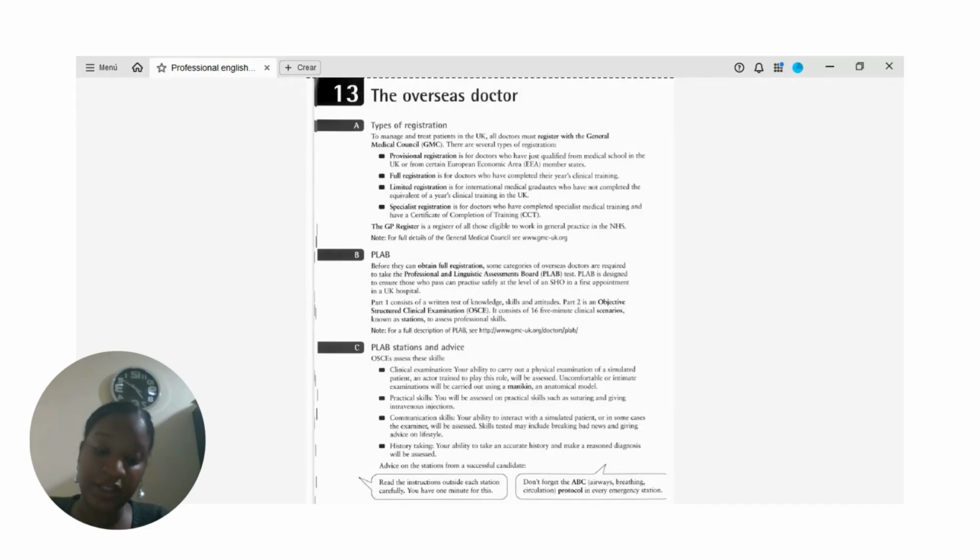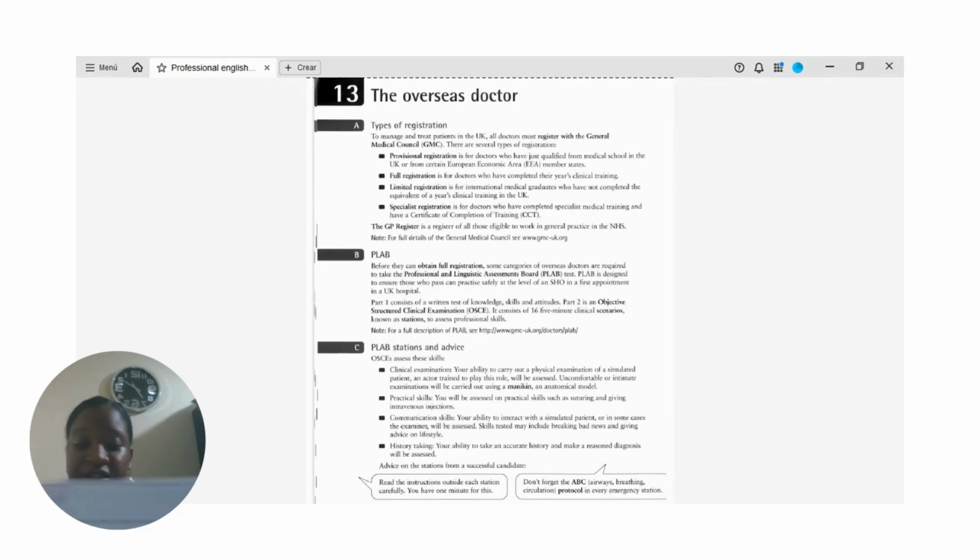Communication skills. Your ability to interact with a simulated patient, or in some cases the examiner, will be assessed. Skill tests may include breaking bad news and giving advice on lifestyles. And the last is history taking. Your ability to take an accurate history and make a reasoned diagnosis will be assessed.